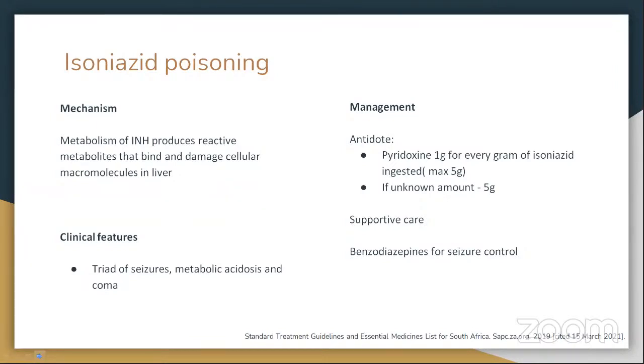There's a triad of seizures, metabolic acidosis, and coma. The antidote is pyridoxine, 1 gram for every gram of isoniazid. Usually we don't know how much has been taken, so we usually just give the maximum dose, which is 5 grams, and then supportive care and benzodiazepines for seizure control.